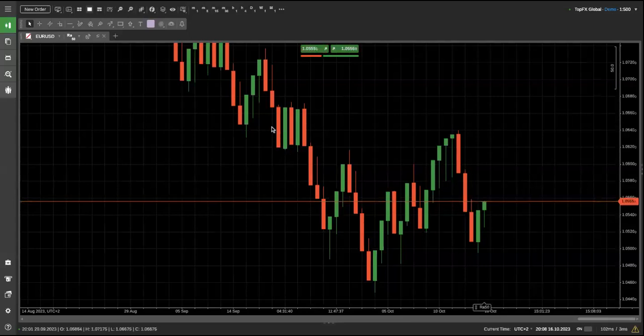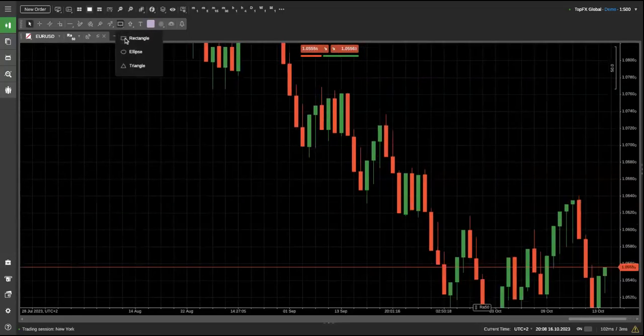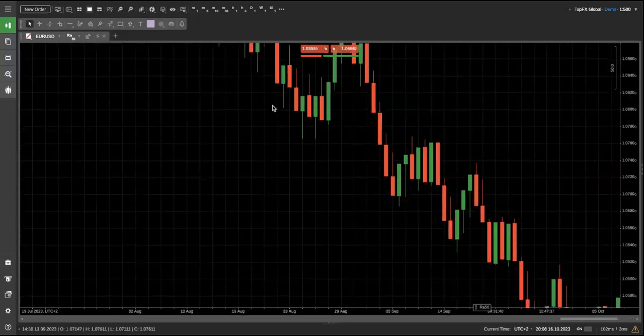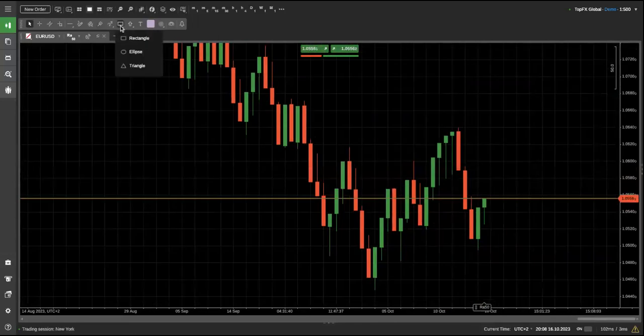If you put, for example, okay, let me just place a rectangle. Let's see if it works. I'm trying to make a rectangle here.